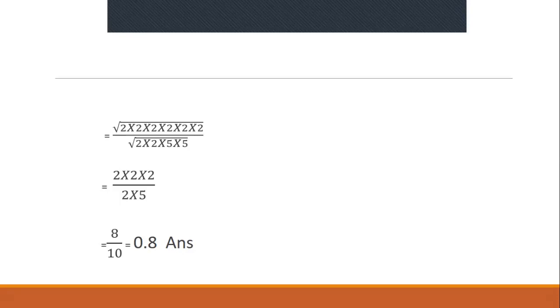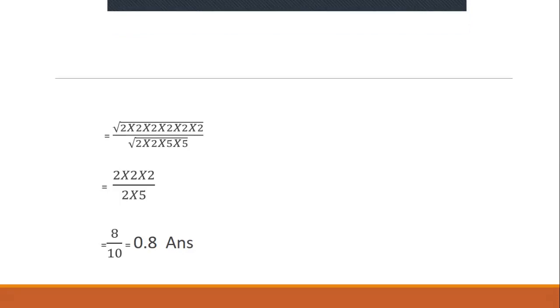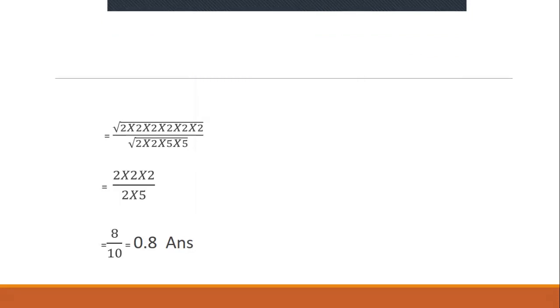So 8 by 10 is our required answer. When we write 8 by 10 in decimal, our required answer is 0.8. 8 is in the first place after the point, and for the 10 we use a point. 0.8 is our required answer.